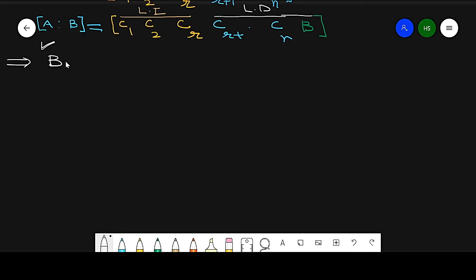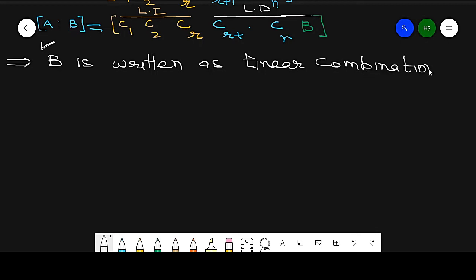a linear combination of C1, C2, and so on up to CR. So B can be written as a linear combination of these vectors.